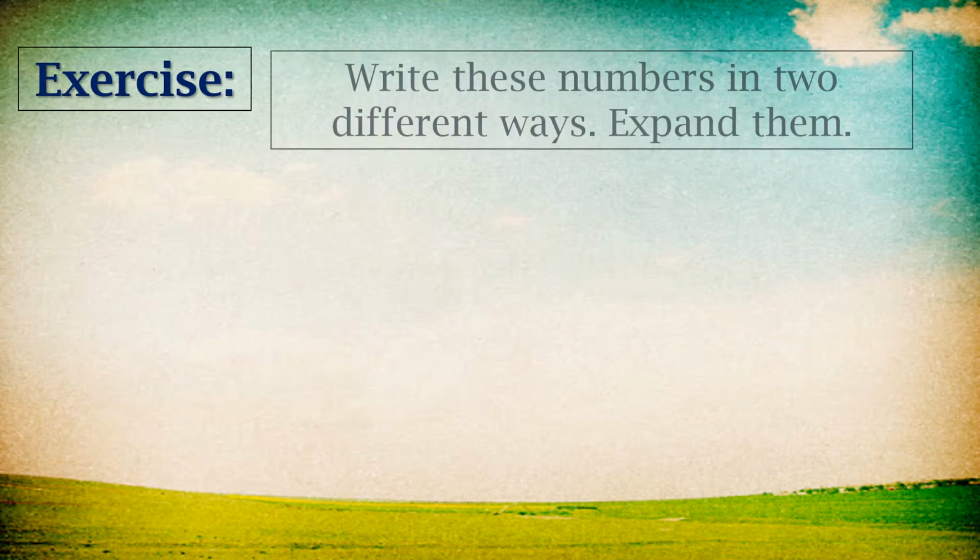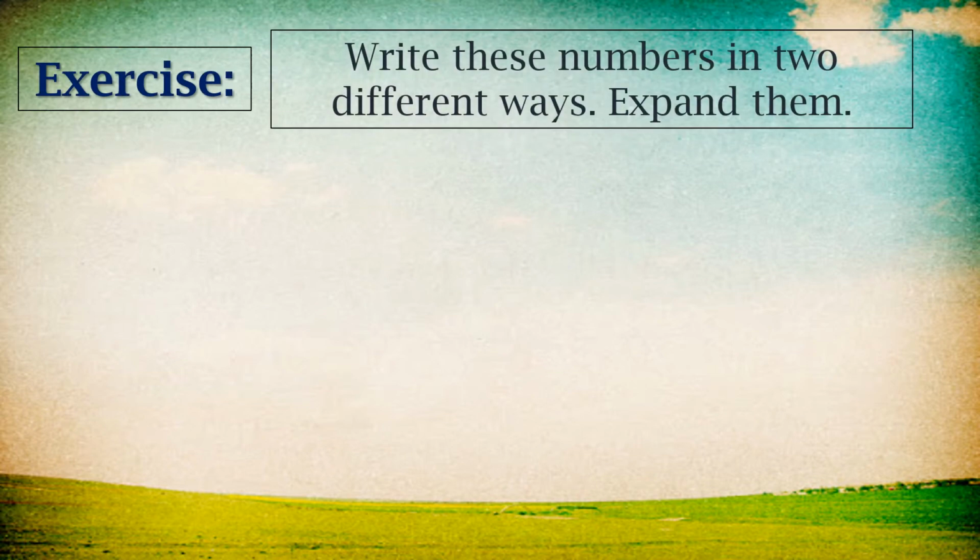Exercise. We are going to write these numbers in two different ways, and we are going to expand them. Okay? It's very easy, kids. You will see in my example here on the screen how to do this exercise. Ready? Number 1. What number is this? Good job.